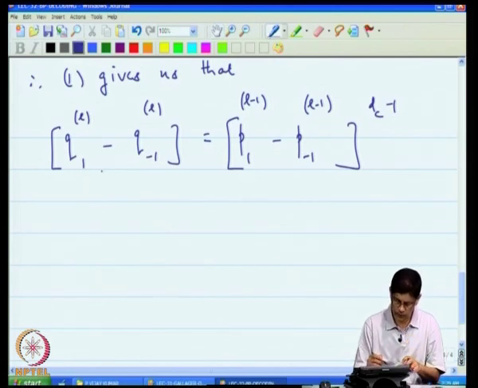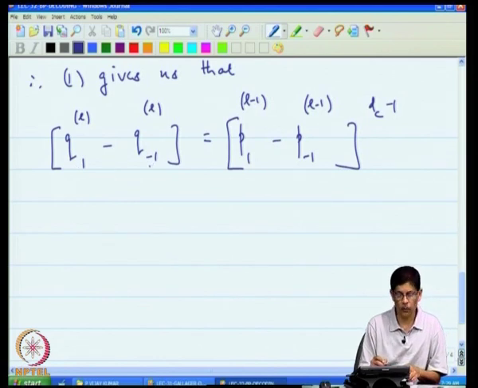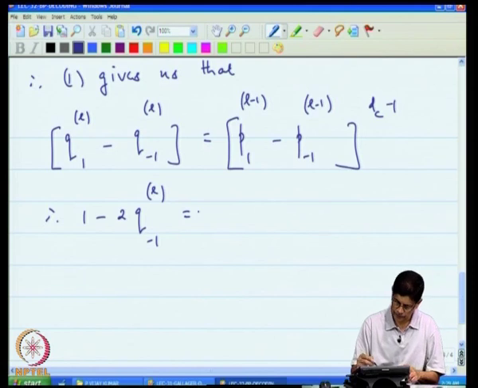Now, recognizing that of course, it is always true that if you add these two probabilities, you will get a 1. Therefore, it follows that 1 minus twice q of minus 1 at L is equal to 1 minus twice p of minus 1 at L minus 1, to the d c minus 1.